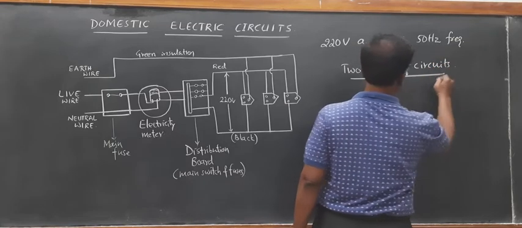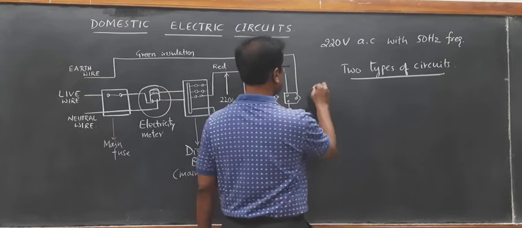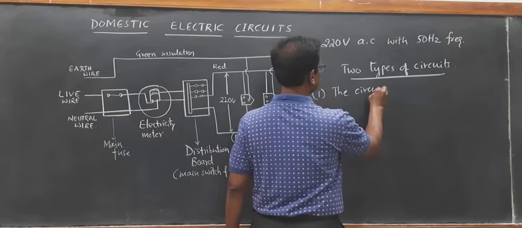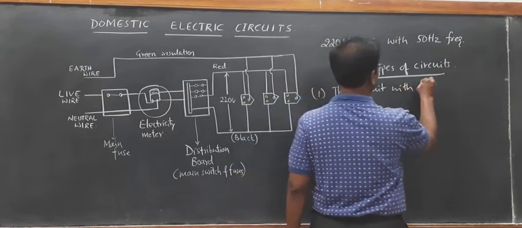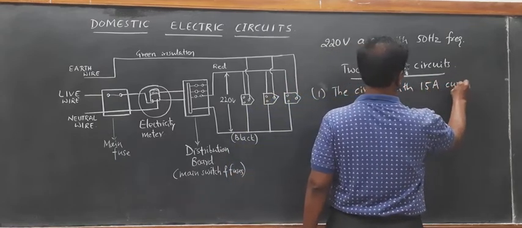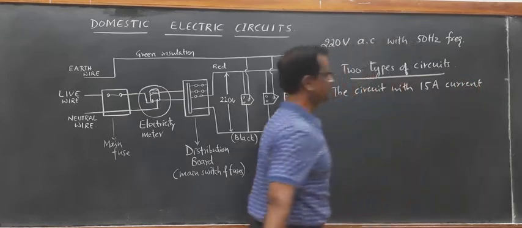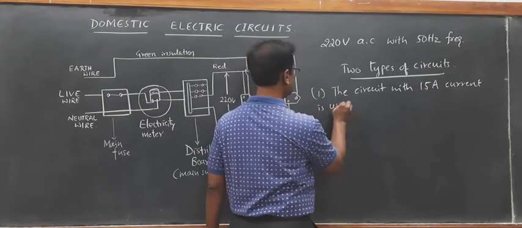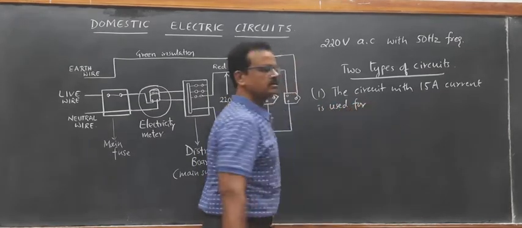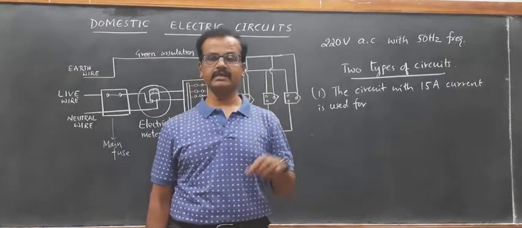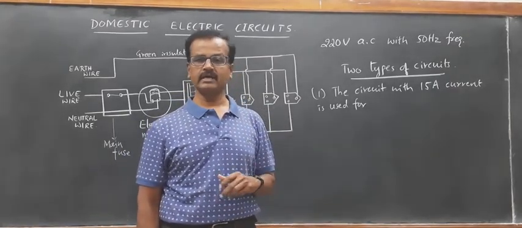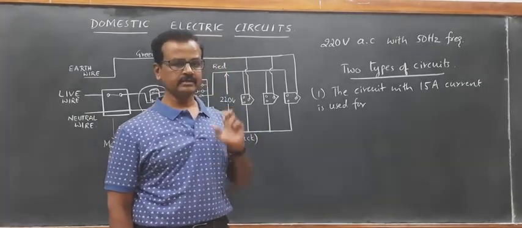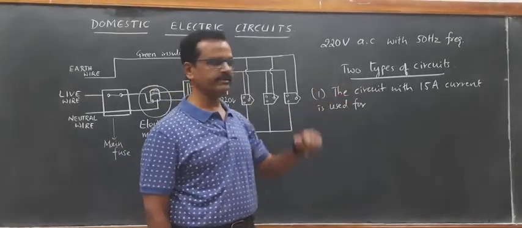The circuit with 15 ampere current is used for electric geysers, electric iron, refrigerator, washing machines and so on, where a large amount of current is required. That is a separate circuit having 15 amperes of current.